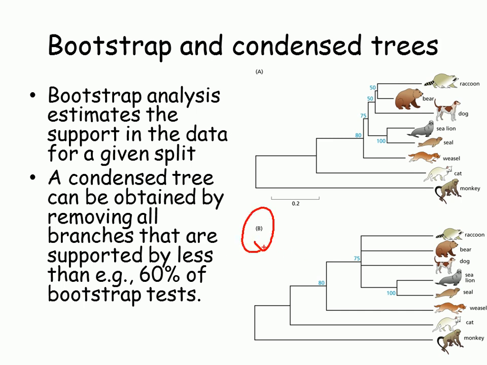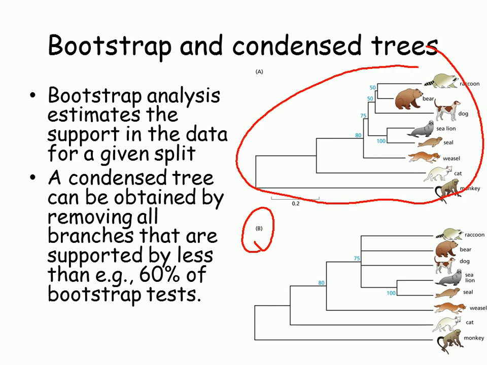In figure B, what I'm doing is I'm taking my bootstrap tree and applying a threshold of 60%. Okay. So if anything has support less than 60%, I will assume that I cannot really have that clustering. I don't have enough support for that clustering.